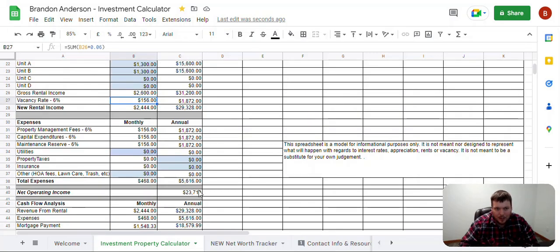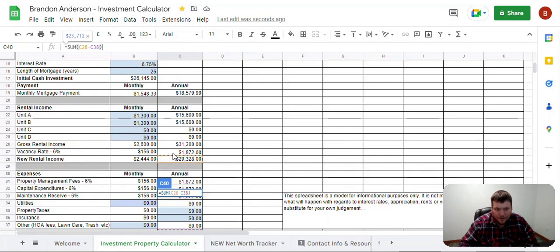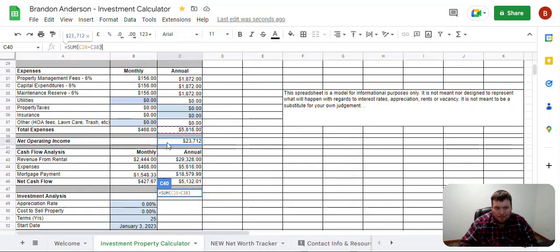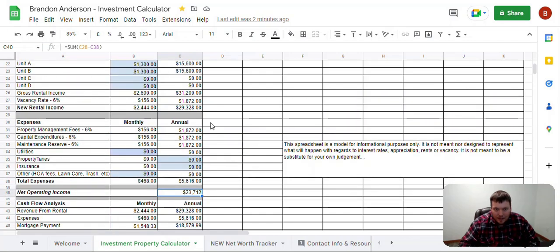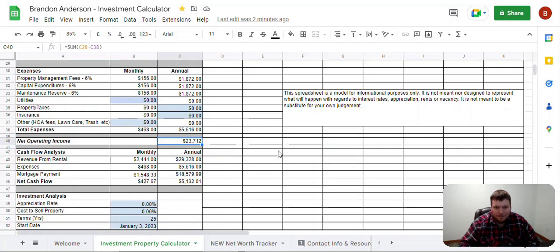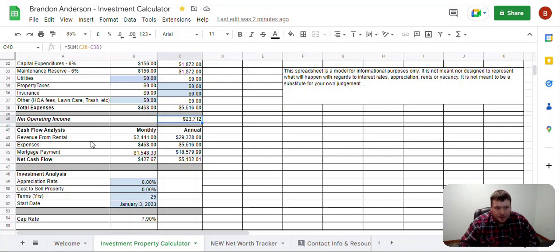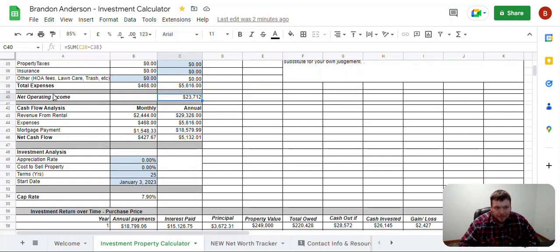And so net operating income, you can just check out this, is this number right here, the new rental income after vacancies, minus your total expenses. And so we get $23,712 per year. And so that number you can see, like I was saying, is about 7,000 difference. And that's where people mess up and bankruptcy happens. So keep going down.